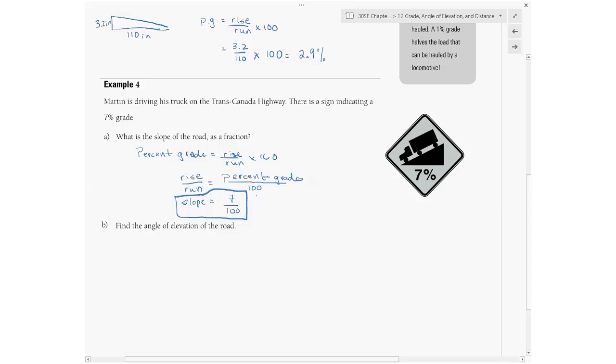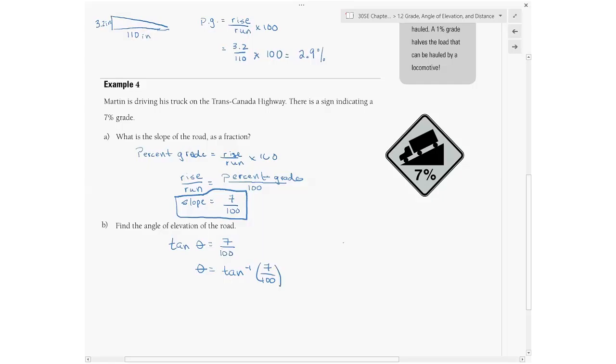We want to find the angle of elevation of the road. Well, remember, the angle is just the tangent. The tangent of the angle is just this, so we can do the inverse tan to find the angle. So we know that the tan of the angle is equal to the slope, which is 7 over 100. So it's the tan inverse of 7 over 100.